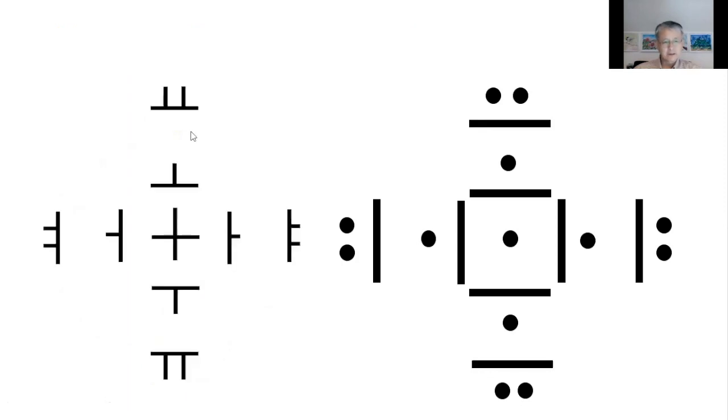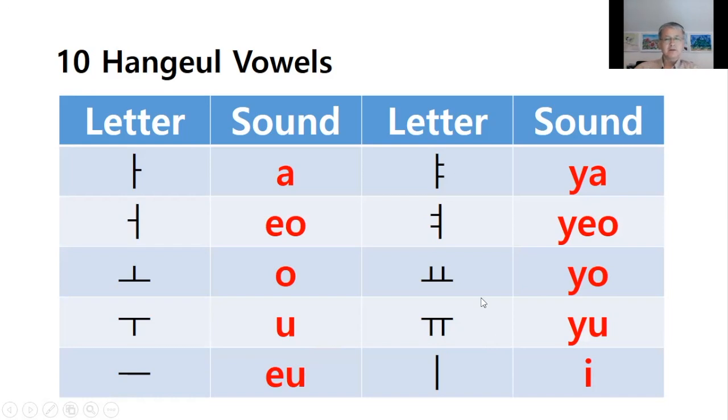Okay, let's read it together one by one, right? A, ya, eo, yeo, o, yo, u, yu, eu, i.